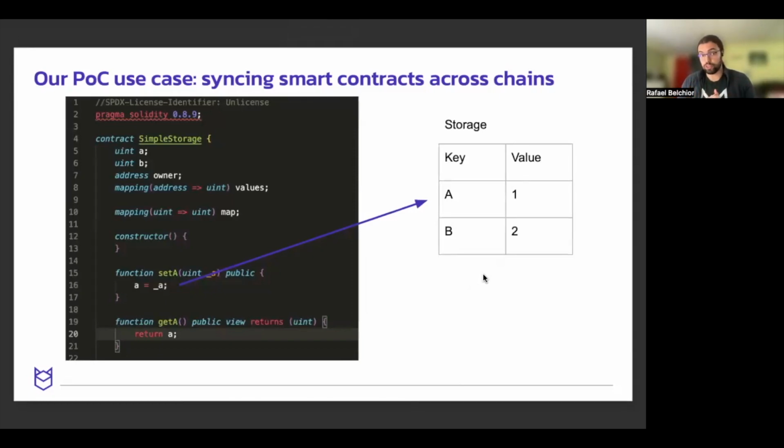We have a very simple smart contract. It's so simple that it's called simple storage, and essentially it's a key value store. It stores variables, and it also has a mapping, but we're mainly going to be interested in these very simple variables that the contract stores.